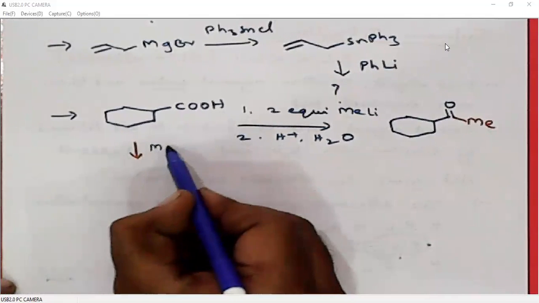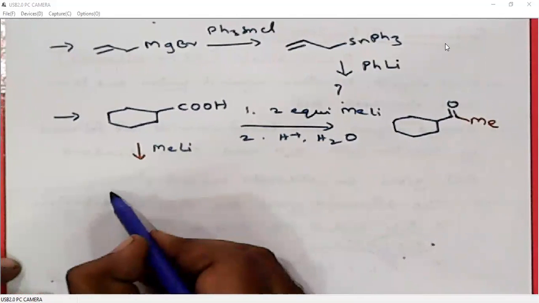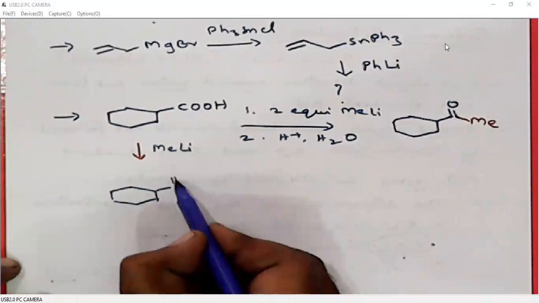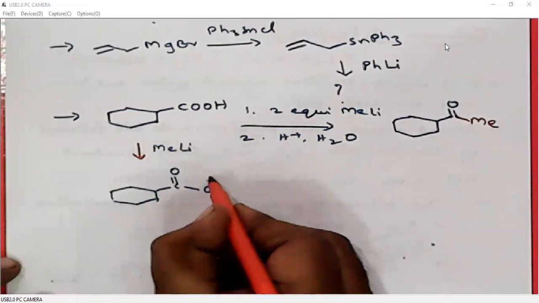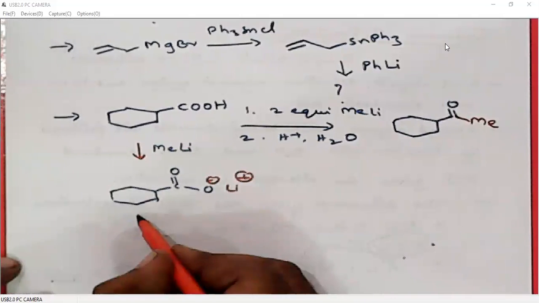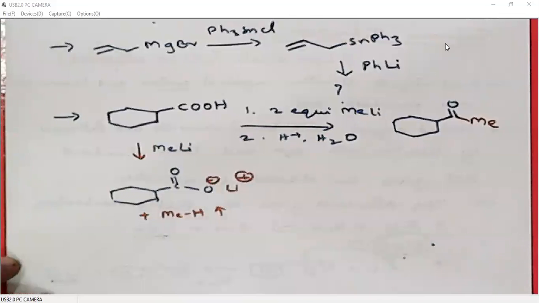When we use alkyl lithium and a carboxylic acid, of course, carboxylic acid proton is the acidic proton, so it can be immediately removed, deprotonated. So O minus Li plus. Of course, methane gas. It is a gas, so it will escape from the reaction mixture.